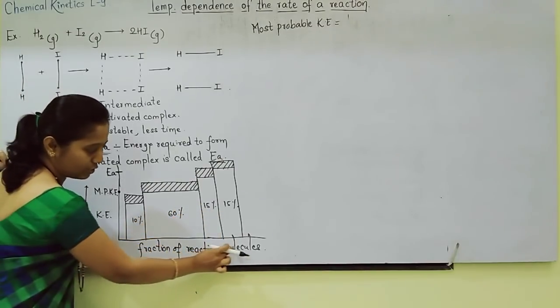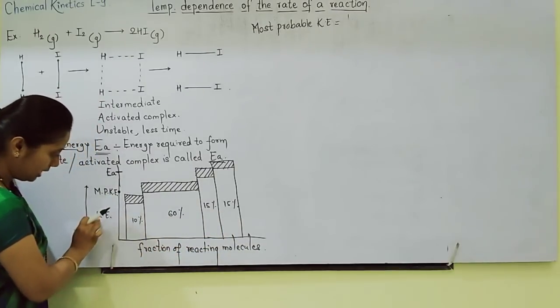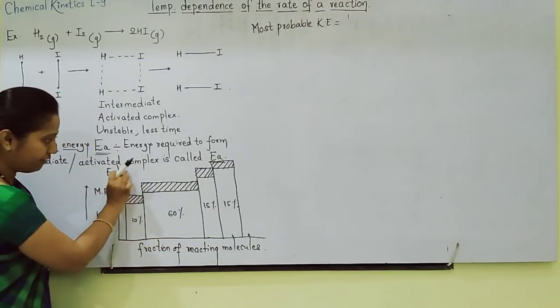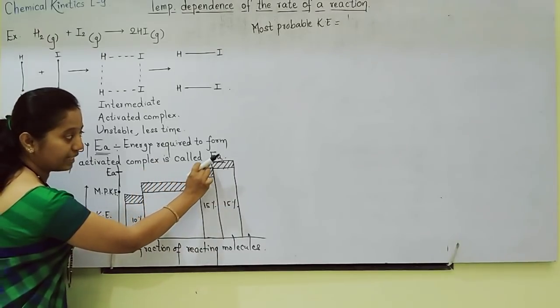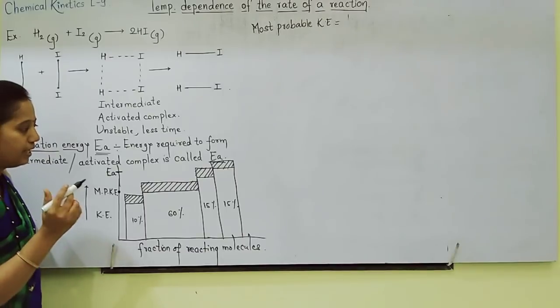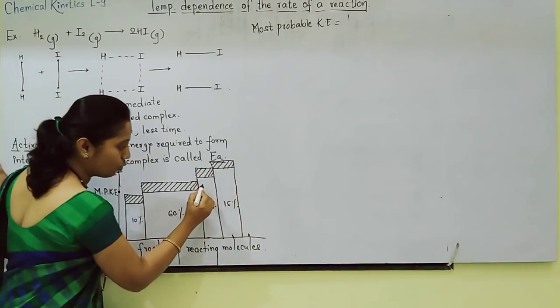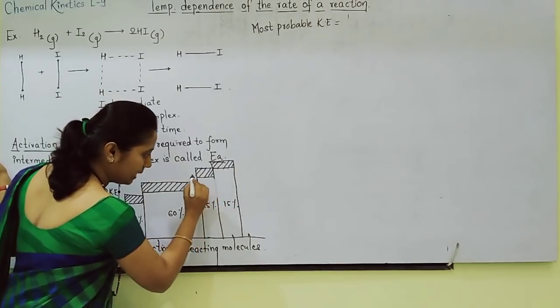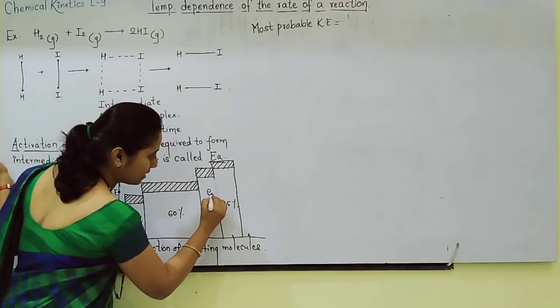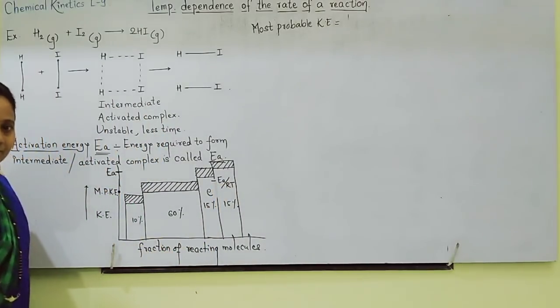Fraction of molecules of reactants having kinetic energy equal to activation energy or greater than activation energy, that is our Boltzmann factor, and these two columns represent e raised to minus Ea by RT, that is the Boltzmann factor.